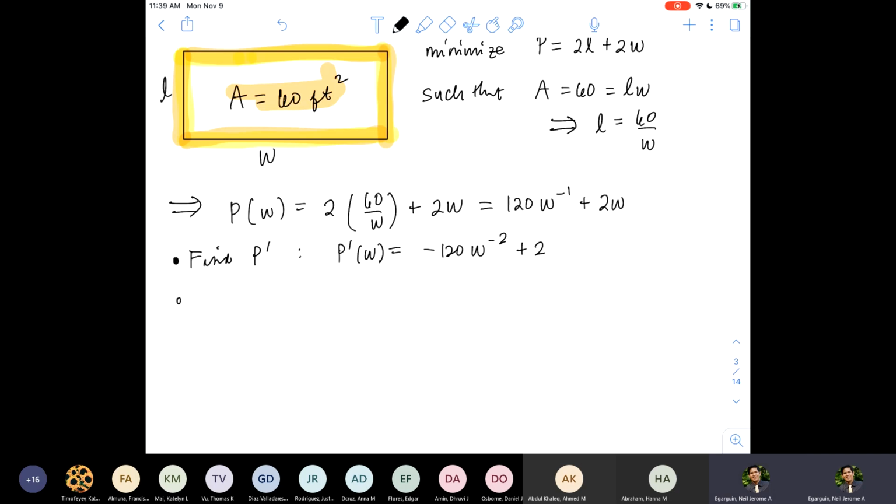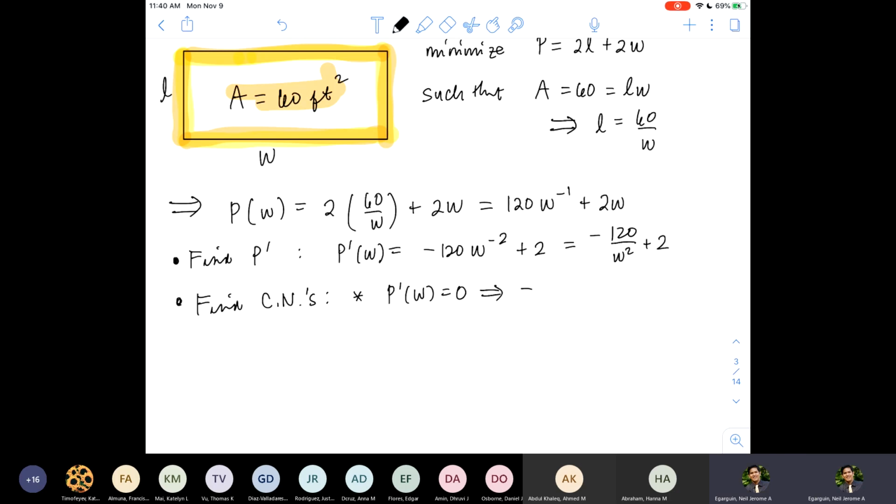The next step, we'll find the critical numbers, right? So here we can look at P prime as negative 120 over W squared plus 2. The first set of critical numbers can be obtained by putting P prime equal to 0.